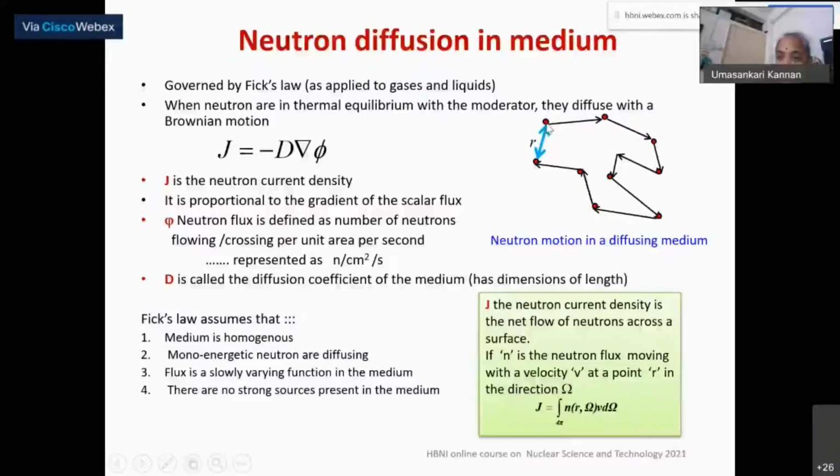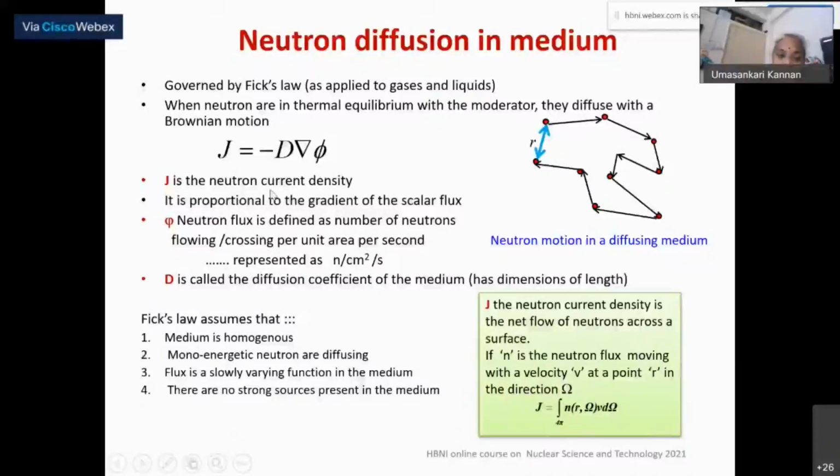And this R would be the crow flight distance for a neutron which started from here and ended up here. This neutron diffusion is governed by Fick's law, as applied to gases and liquids, which you must have studied in your MSc. So when the neutrons are in thermal equilibrium with the moderator, they diffuse following a Brownian motion.